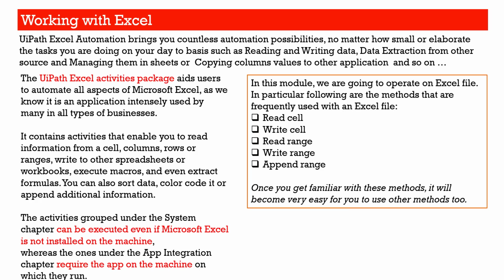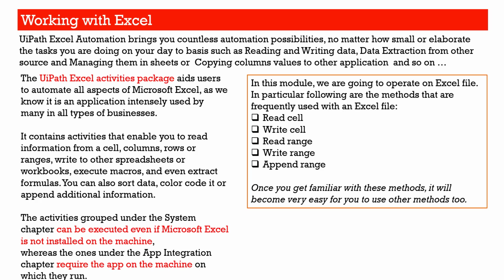We'll discuss that. But in this module, in particular, we are looking at the following methods, because there are a lot of methods available in Excel, and all of those require some properties to be changed. I'll be covering read cell, read range, append range, and some sorting and merging.